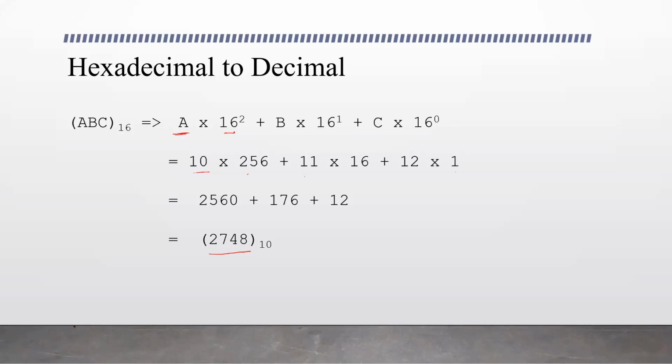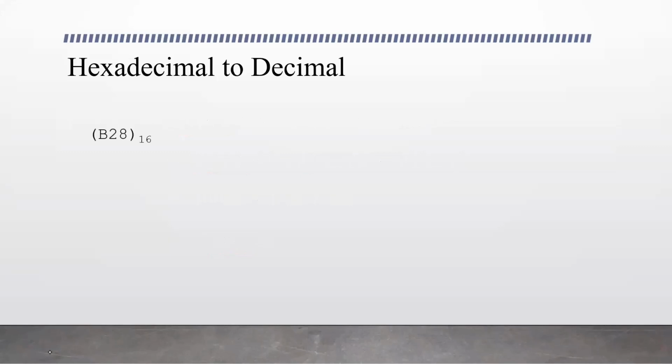Okay, let's try to do one conversion here. Let's take this hexadecimal number B28. How do we convert this? There are 3 digits. The least significant digit is 8, the digit at the middle position is 2, and at the most significant position we have B, positions 0, 1, 2.